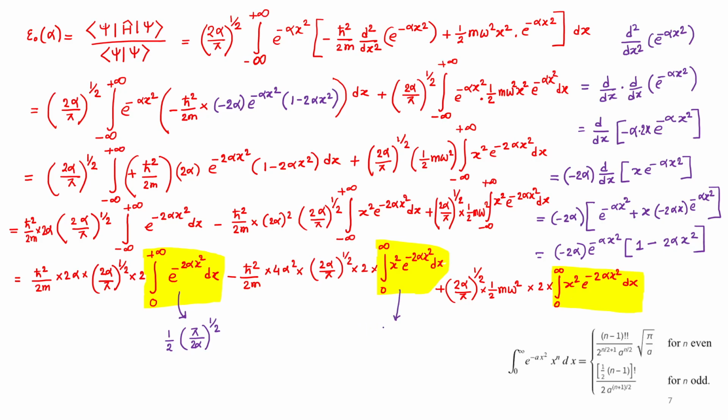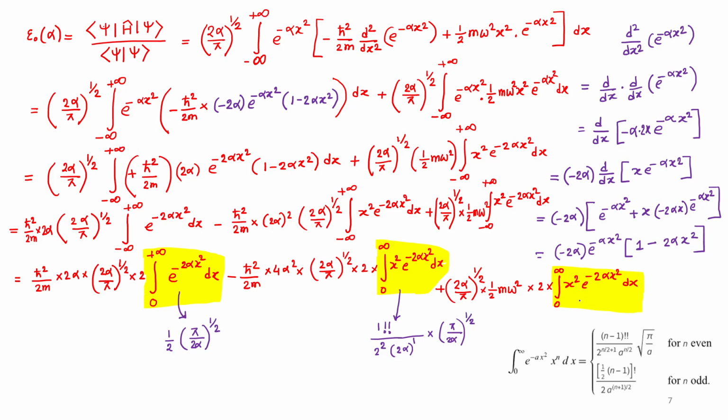It is going to be 2 minus 1, that is 1 double factorial, and then 2 to the power 2 by 2 plus 1, that is going to be 2 to the power 2, then it is going to be 2 alpha to the power 1 because the n is 1, and it is pi by 2 alpha to the power half.